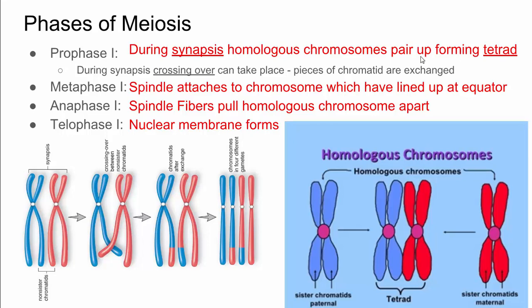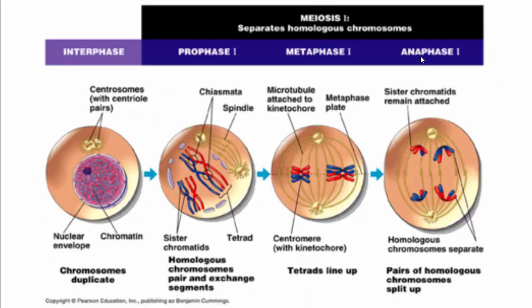If we look at a diagram showing all these steps, we see this is meiosis 1. This would be during interphase. Chromosomes copy themselves. In prophase, they match up with their homologous partner in pairs.